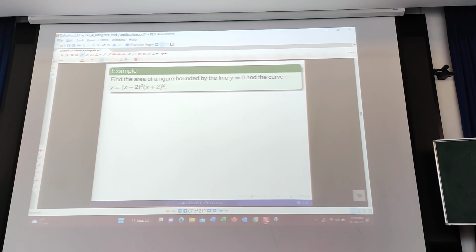Okay. Now, example: find the area bounded by y equal to 0 and 2 and the curve. So, find the area, so the result must be positive. Line y equal to 0 and 2 and the curve. First, draw the graph. If you don't know how to draw it, find its roots. And we notice that y is greater than or equal to 0, which means the graph is on the upper half of the x-axis.